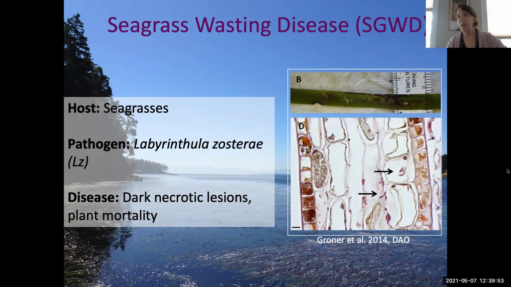And within seagrass tissues, it is these spindle-shaped cells shown here. We also often see necrosis and changes to the chloroplasts, which may be what that blackening we're seeing is. And this is kind of what these black, dark necrotic lesions look like. In extreme cases, you can have plant mortality, such as what happened in the 1930s.